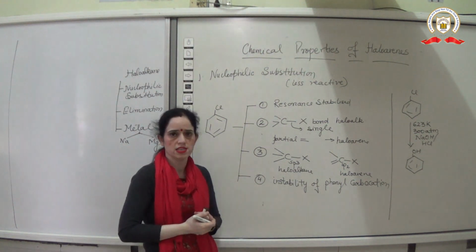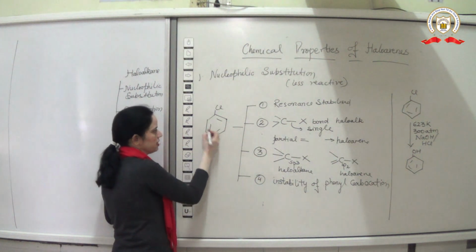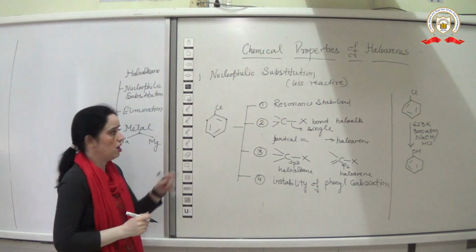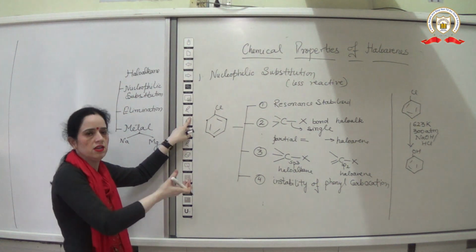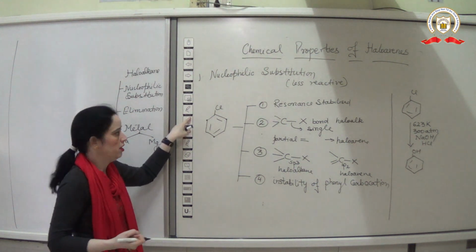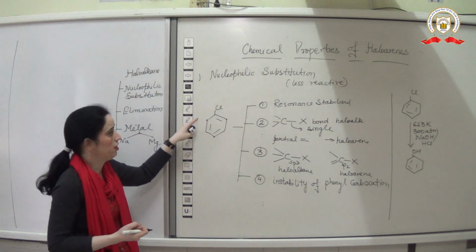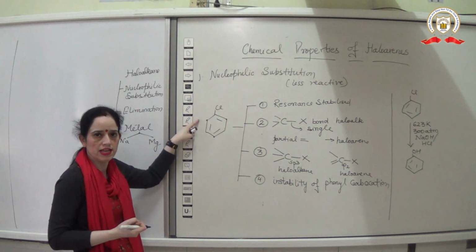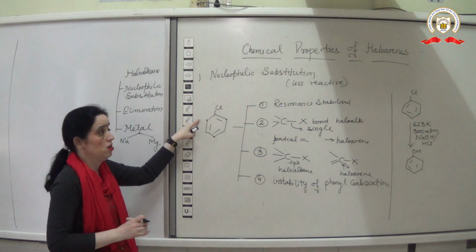The reaction becomes easier if at these ortho-para places we put NO2, because NO2 is an electron withdrawing group. It will decrease the electron density, and due to this decrease, the nucleophilic attack becomes easier.